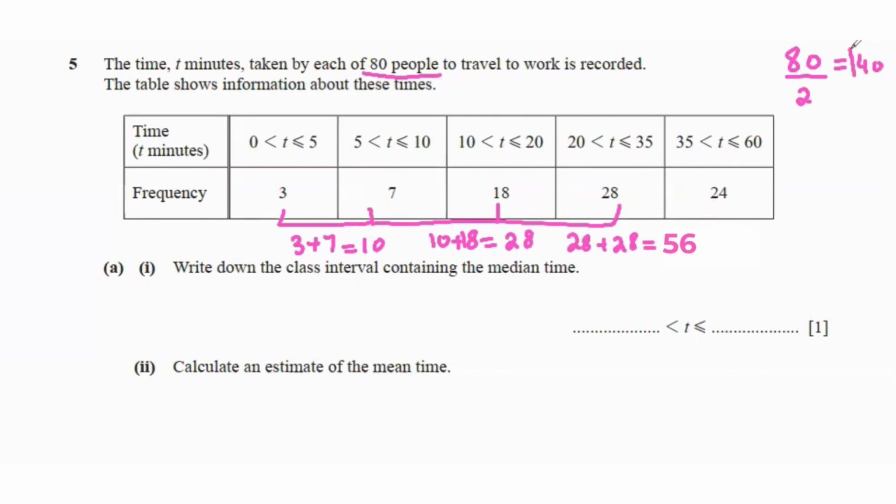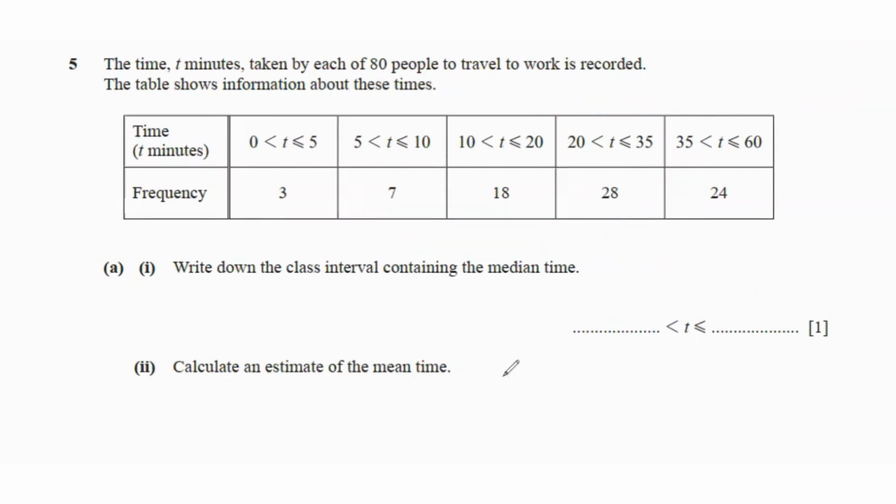So as we know, we're looking for the first 40 values, and those first 40 values will fall in this one. Because when we start from the first time interval to this interval, we're getting 46 values over here. So that means the median will fall in 20 to 35. Then it says calculate an estimate of the mean.